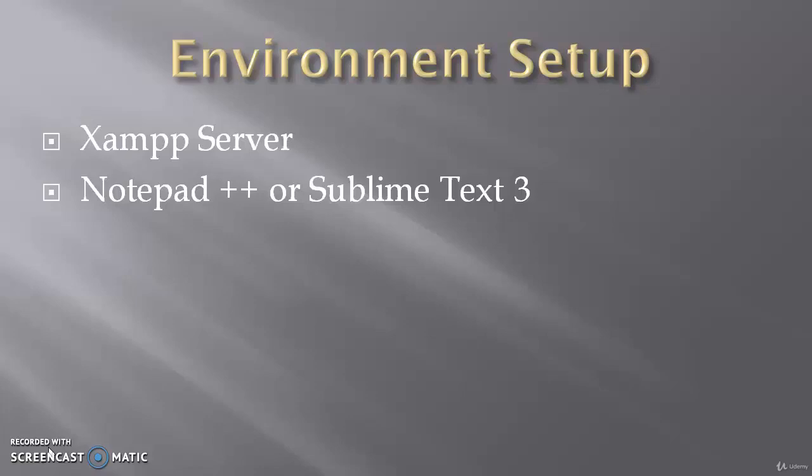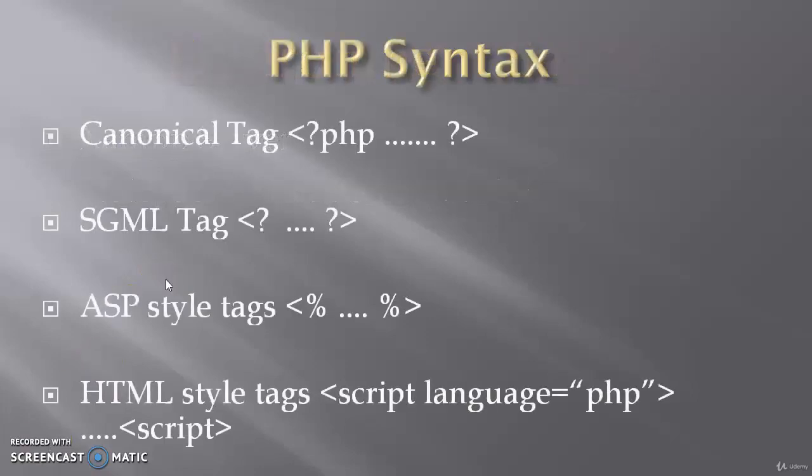So in PHP, there are 4 types of syntax which we can use. Those are canonical, SGML, ASP and script tags. The most widely used tag is the canonical tag. As you can see, it starts with less than, question mark, php. Then the code which you want to write or execute goes inside, then the question mark and the greater than sign.